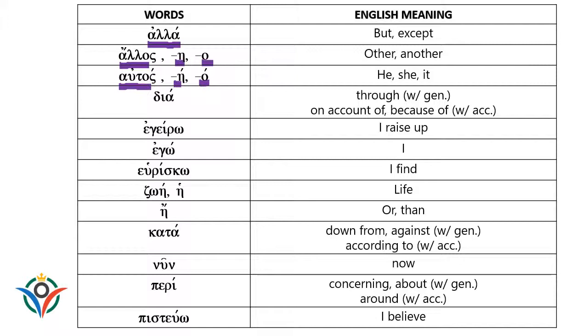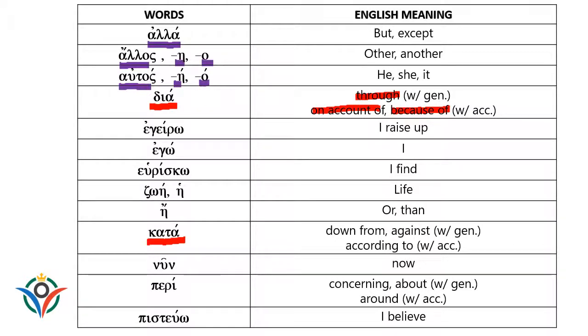Then we have a preposition, which is dia. It can take its object in the genitive or accusative case. In the genitive case, we translate it as through, and in the accusative case, as on account of or because of. Let me just do all the prepositions in this vocab first. The next one is kata.